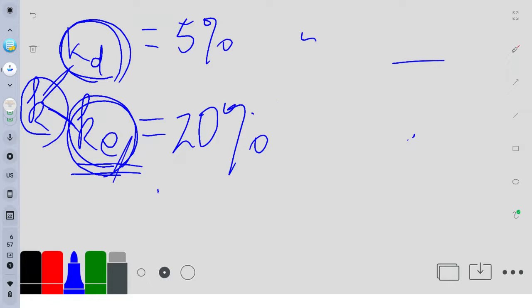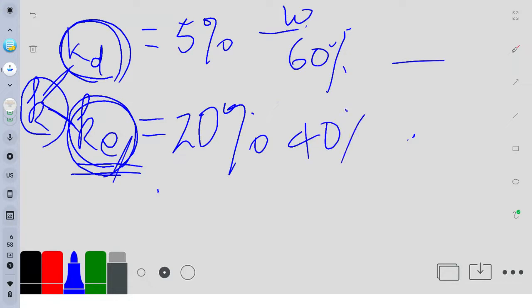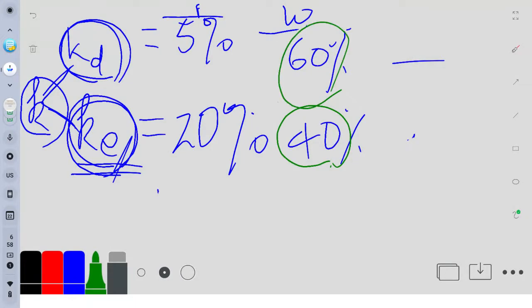But if the weight of debt is 60% and weight of equity is 40%, right? These are returns, then you will have to weight them.